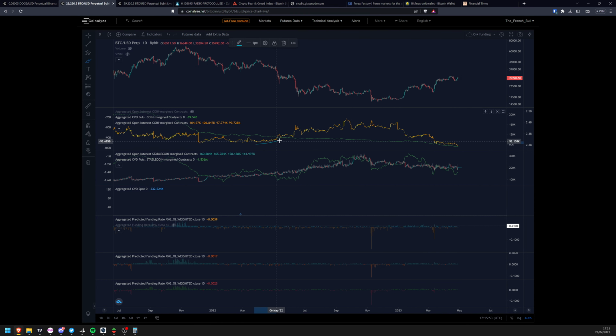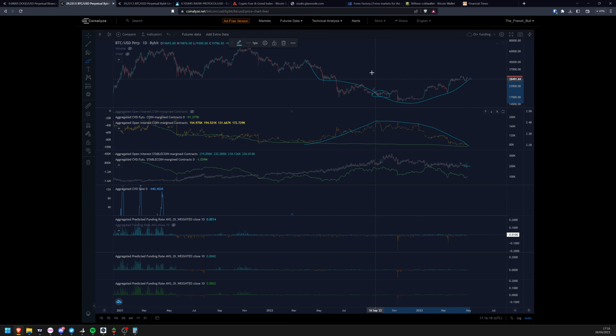You can see how they were starting to have short exposure from the top here till here, where something shifted. And then we started to just close open interest.